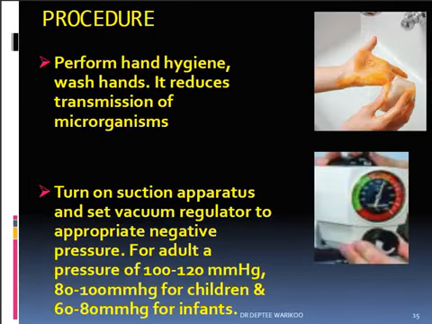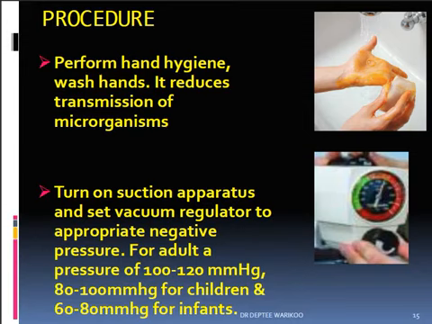Then perform hand hygiene. Wash hands properly. This reduces the transmission of any infection or microorganisms via the suctioning device. Turn on suction apparatus and set the vacuum regulator to appropriate negative pressure.